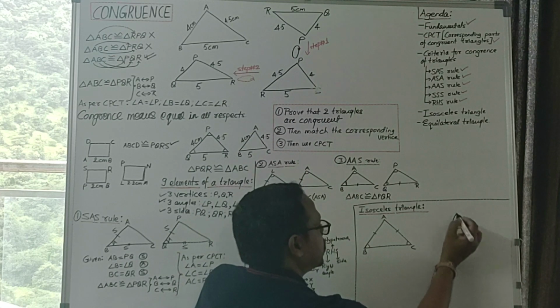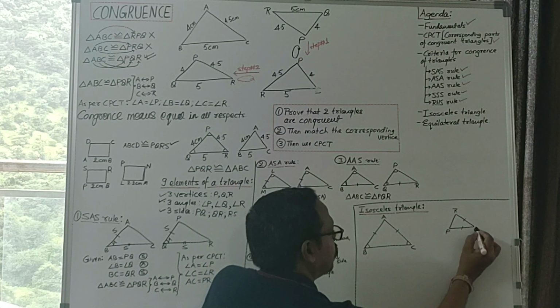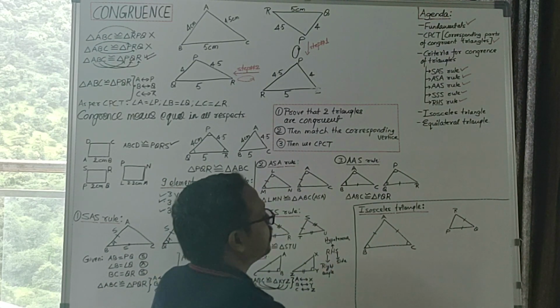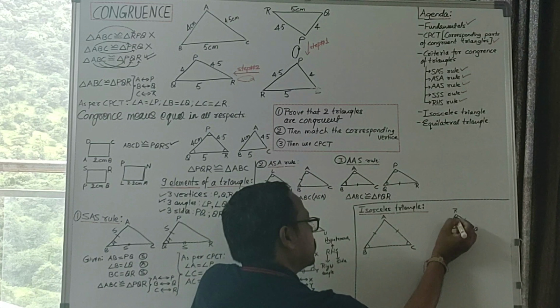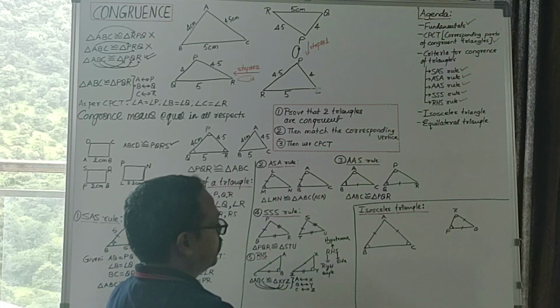Call it RPQ, so RQ is equal to PQ. So the corresponding angles, meaning opposite angles, are equal. Right.